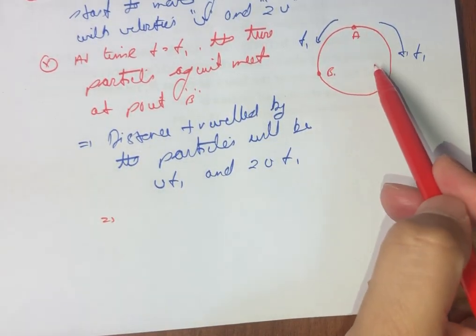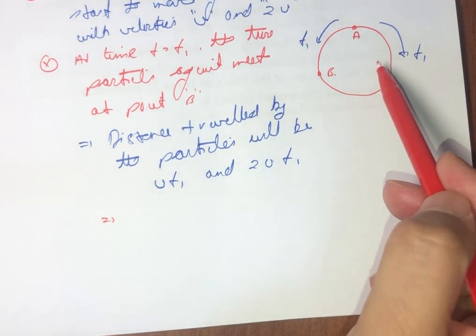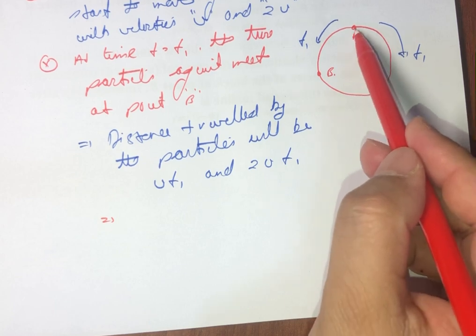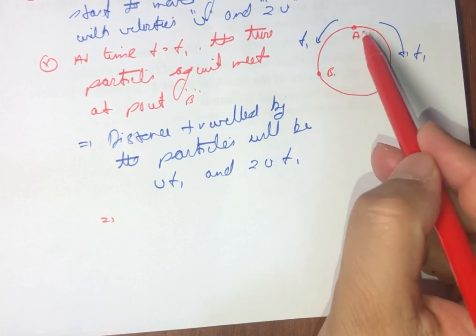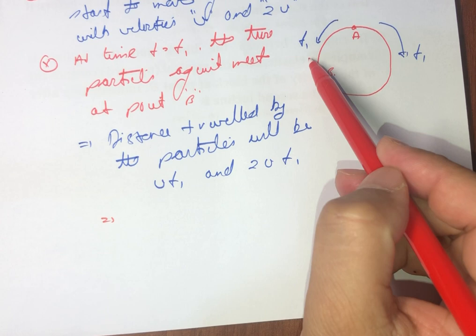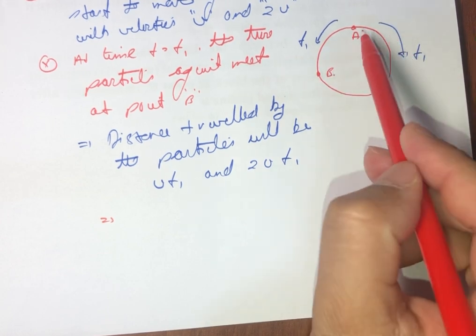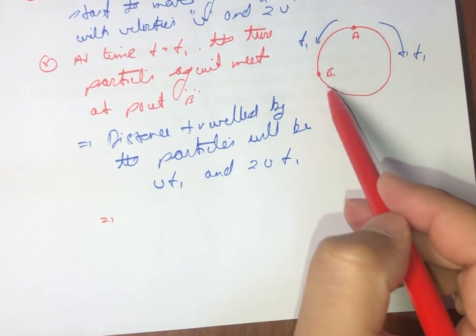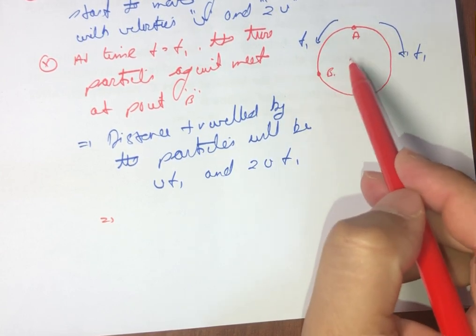The total distance covered by both particles will be equal to 2 pi r, because from A to B in this direction the distance is vt1, and from the other side the distance is 2vt1, and the total circumference of the circle is 2 pi r.